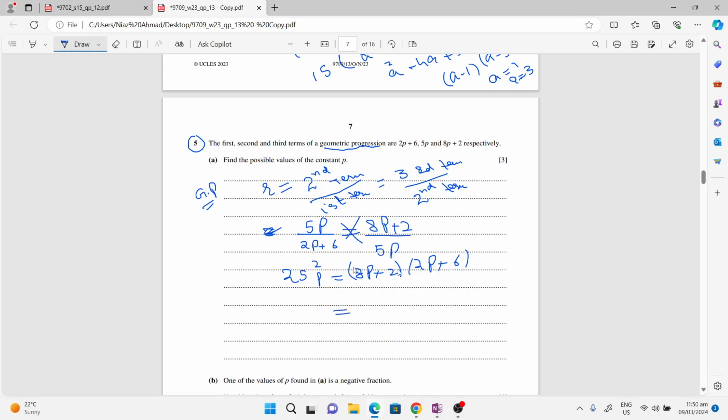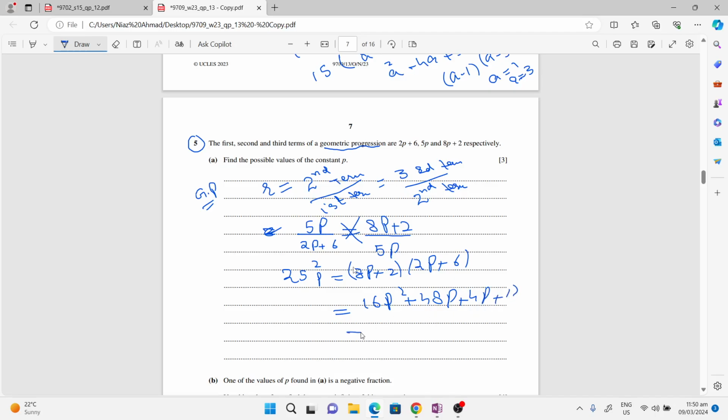So just multiply: 8 times 2 gives 16p squared, then 8p times 6 is 48p, then 2 times 2p is 4p, and then 12.